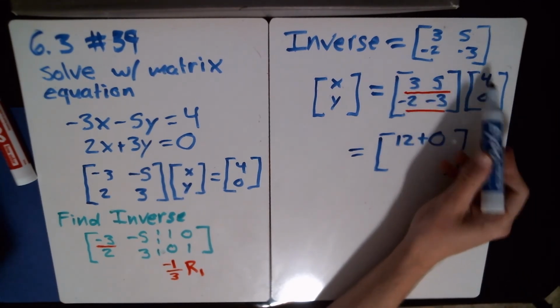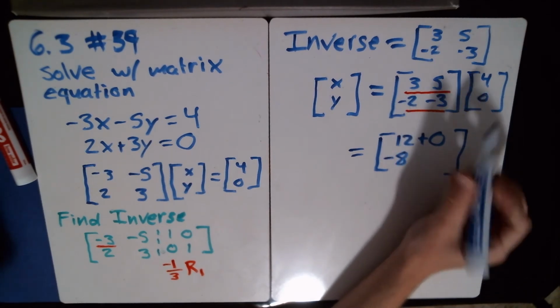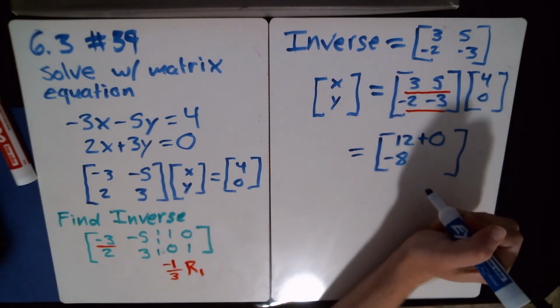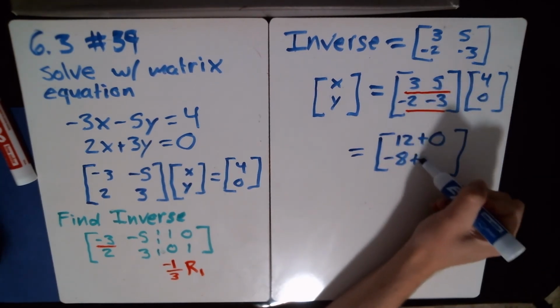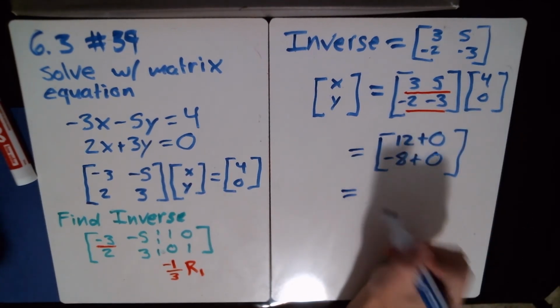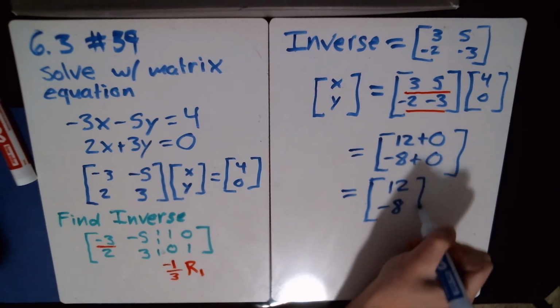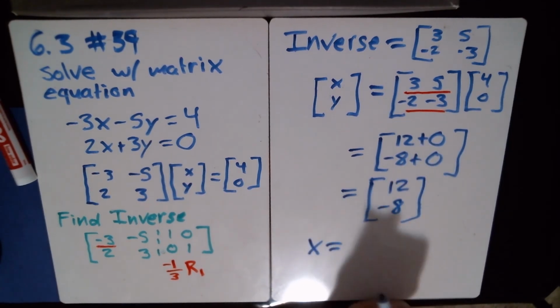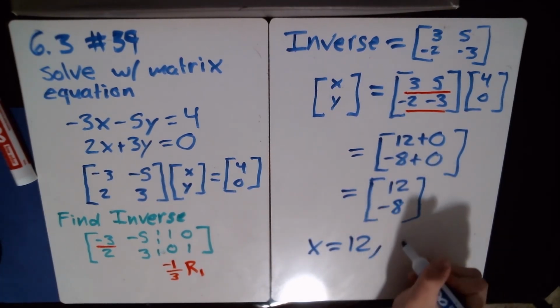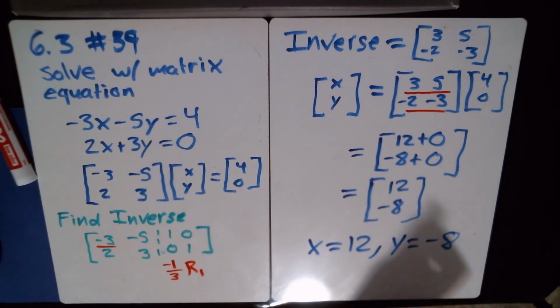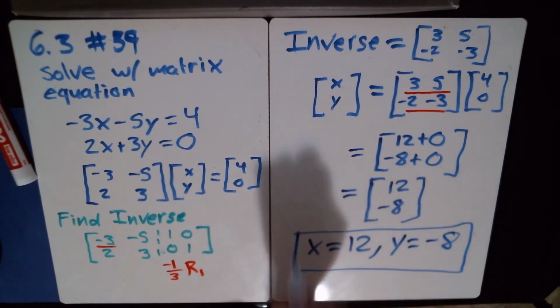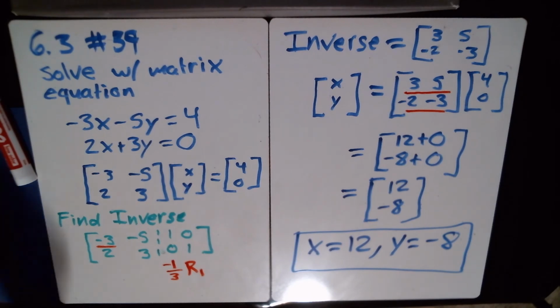And then -2 times 4 is -8. Plus -3 times 0 is 0. So we've got 12 and -8. Okay, so in other words, x would be 12 and y would be -8. Okay, that would be our solution for this one.